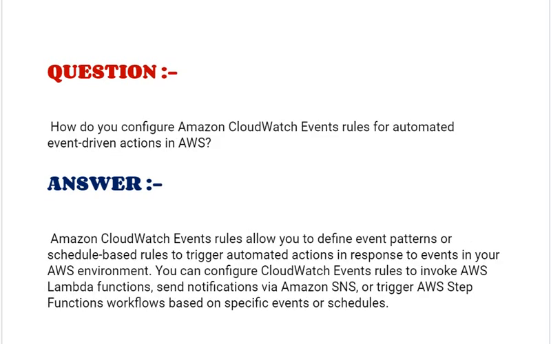Our next interview question is: how do you configure Amazon CloudWatch Events rules for automated event-driven actions in AWS? Your answer should be: Amazon CloudWatch Events rules allow you to define event patterns or schedule-based rules to trigger automated actions in response to events in your AWS environment.